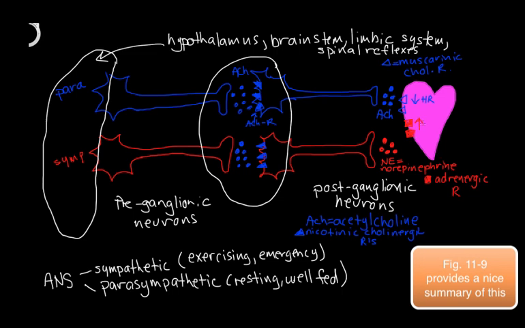So we have an increase in heart rate when norepinephrine binds with these receptors on the heart. We can also get epinephrine coming from the adrenal glands, which will also bind with these receptors and increase heart rate.